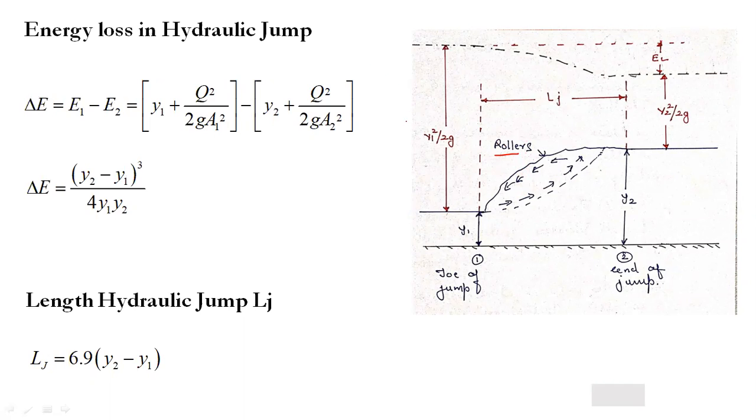Now, suppose E1 is the energy head at section 1, the incoming flow like this. At the downstream if you calculate E2, then E2 will be way less than E1, because some energy delta E is lost in the hydraulic jump.